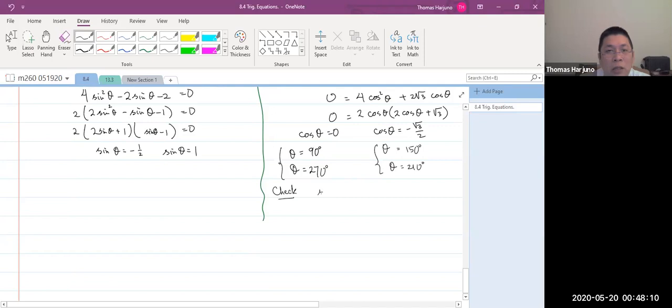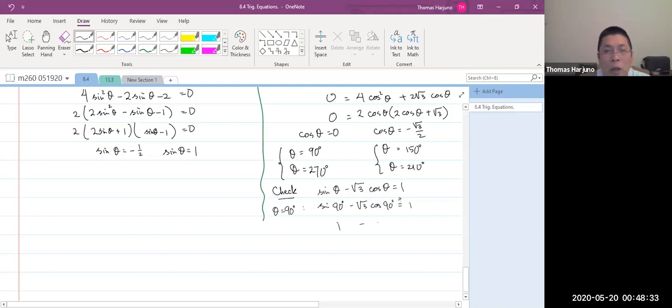Let's take sine theta minus radical 3 cosine theta equals 1. So when theta equals 90 degrees, I get sine 90 degrees minus radical 3 cosine 90 degrees. Does it equal 1?